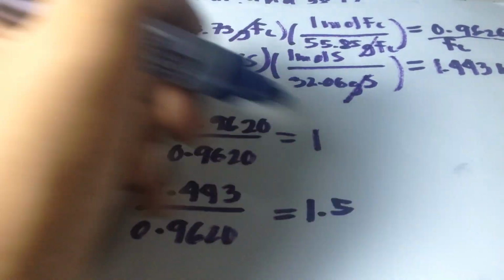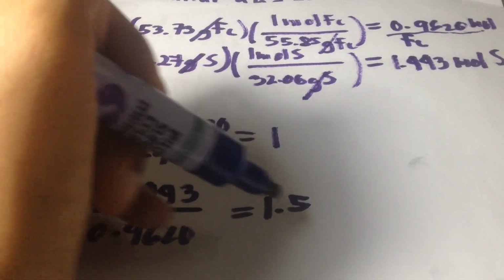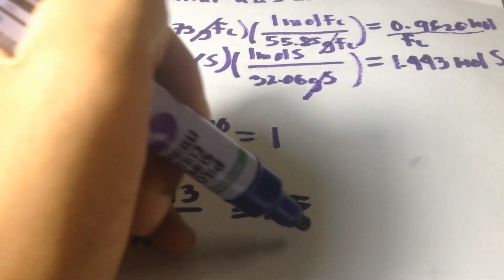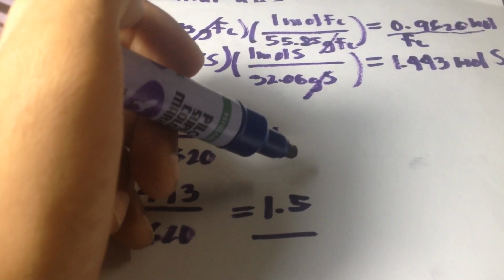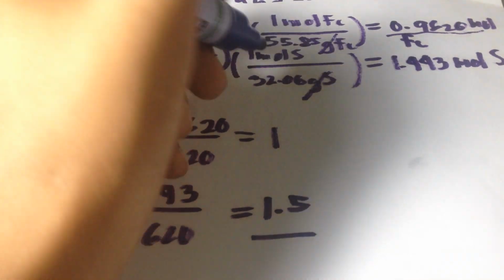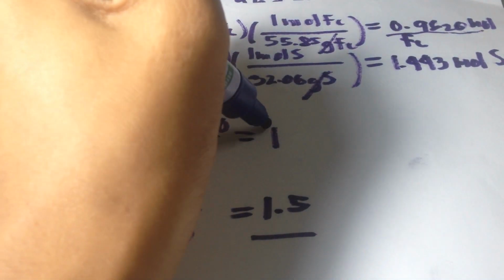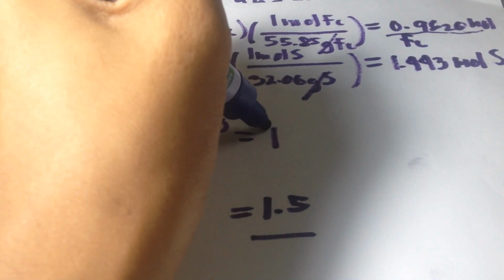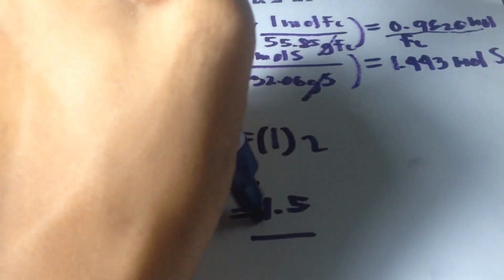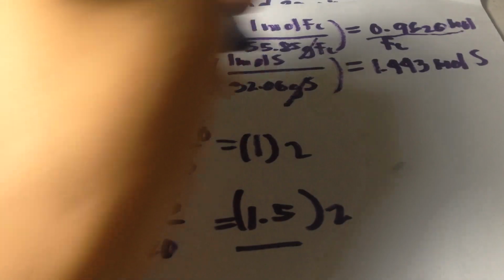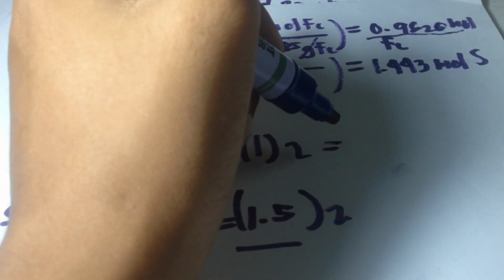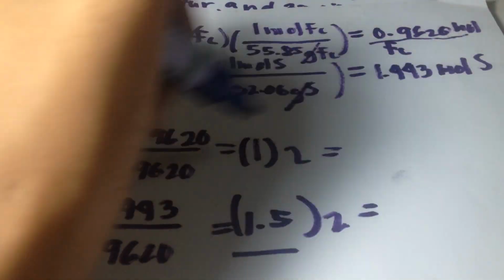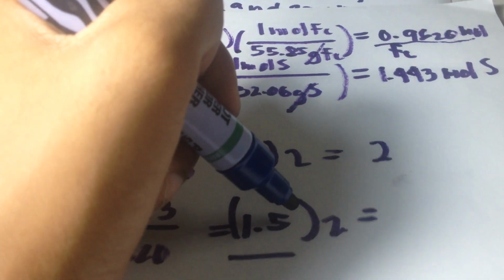So 1.5. So first of all, there is a decimal subscript, which we multiply by 2. So 1 times 2 is 2. 1.5 times 2 is 3.